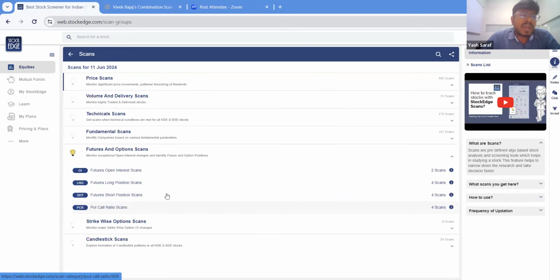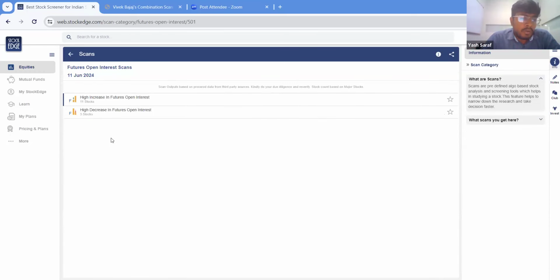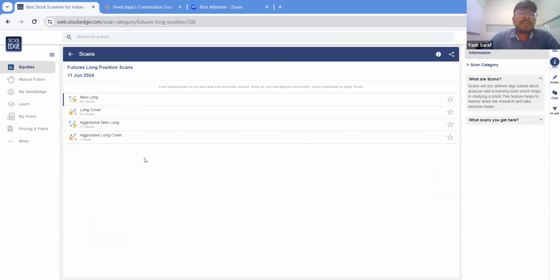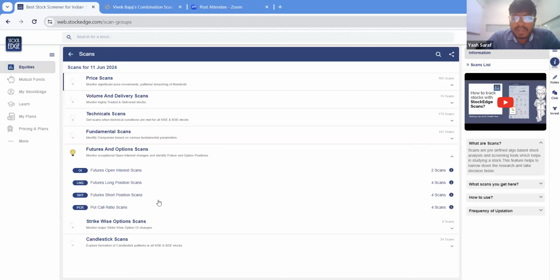Then we have futures and option scans in which we tell, on the OI level, which are the stocks in which there was a high increase in futures open interest or decrease in futures open interest. Then we have future long position scans based on the data of volume and open interest, which are the stocks in which new long positions are made or the long positions are covered or aggressive new long positions are made accordingly. Same goes for short position scans.